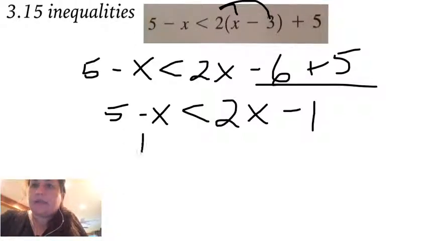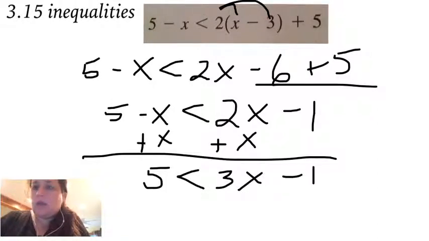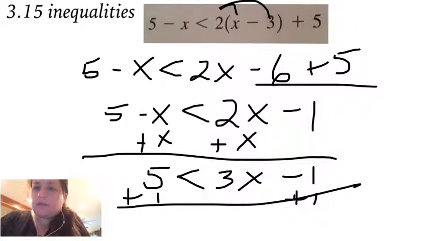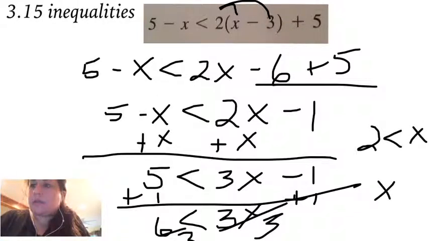Now I'm going to add x to both sides. I just want to move my x's to one side and my numbers to the other. So 5 is less than 3x minus 1. I'm going to add 1 to both sides, so I have 6 is less than 3x. Then I'm going to divide both sides by 3, and that will give me 2 is less than x, or x is greater than 2.